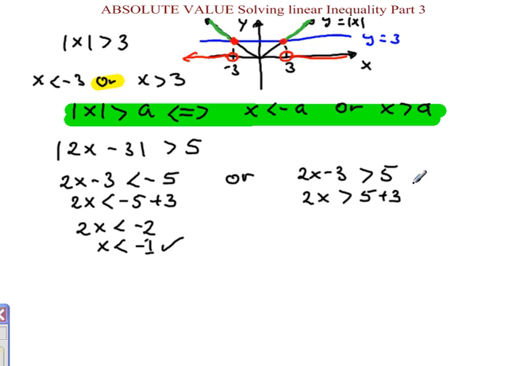Because you add 3 to both sides, so that becomes 0. So you have 2x on the left side. Now the total is 8 divided by 2, so x is greater than 4. So how do you formulate the statement? X is less than -1 or x is greater than 4. So this is my final statement.